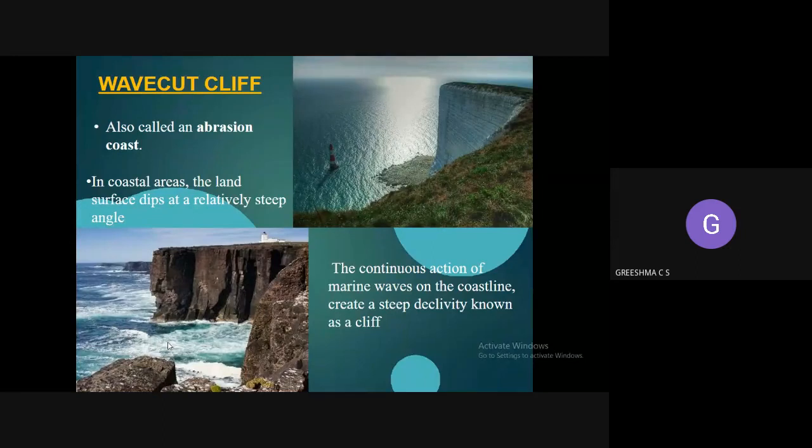One example is the Grand Canyon. Have you heard about the Grand Canyon? Just go and Google Grand Canyon. The Grand Canyon is a big cliff.